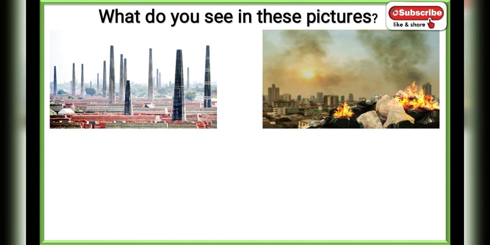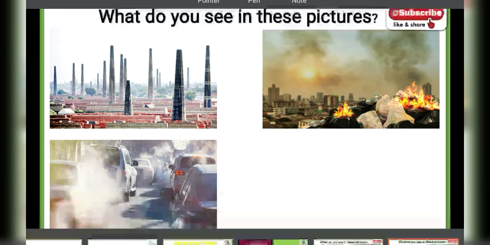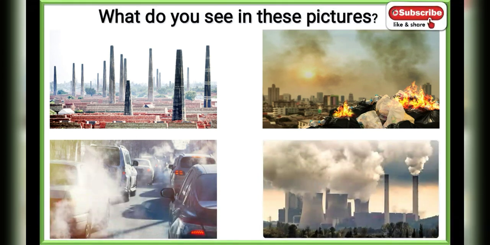So, burning trash. Third one, it is a very common picture of our day-to-day life. Often we see this type of picture in our towns. Yes, cars are emitting heavy smoke on the road. And the last one, industrial plants are emitting heavy smoke or fumes from their plants.